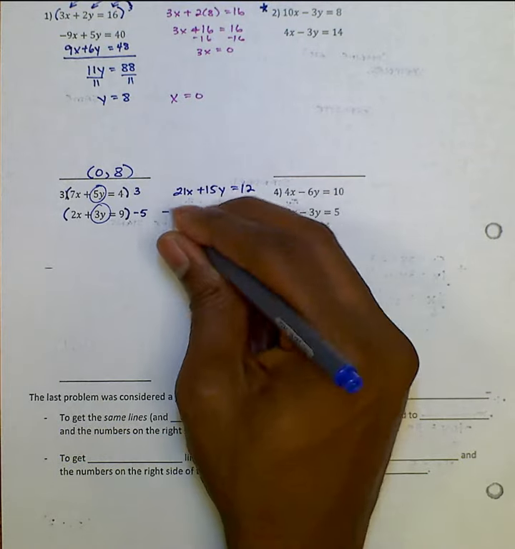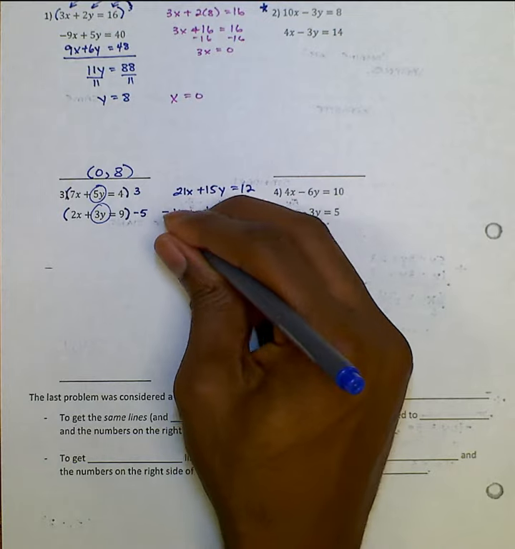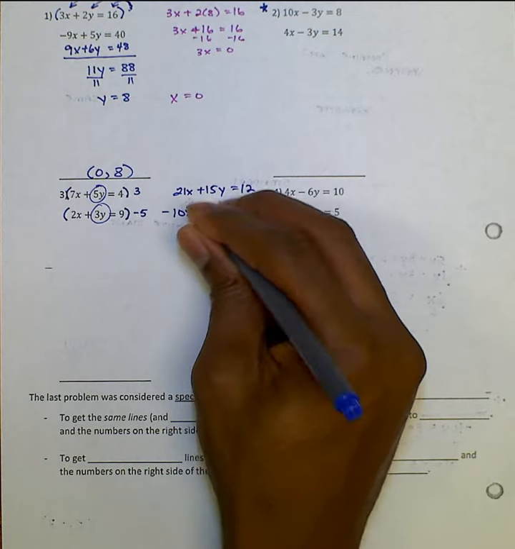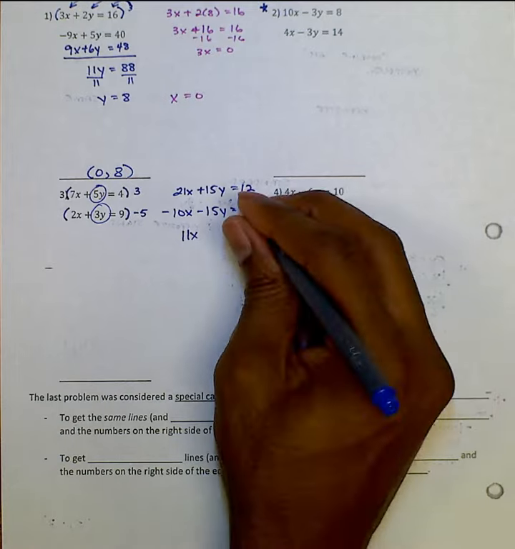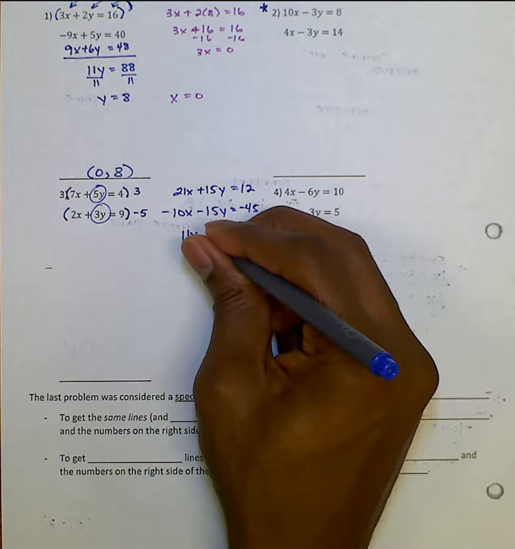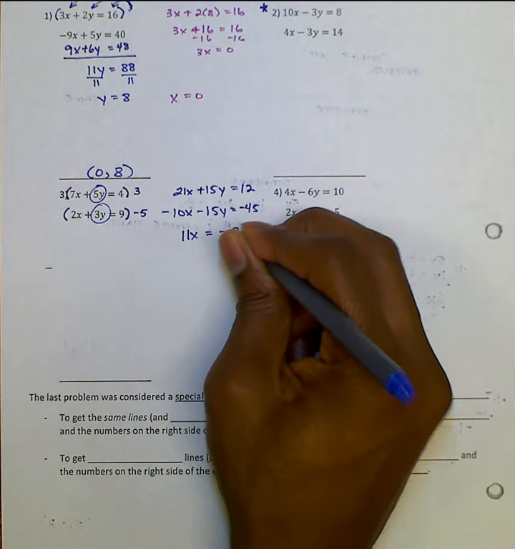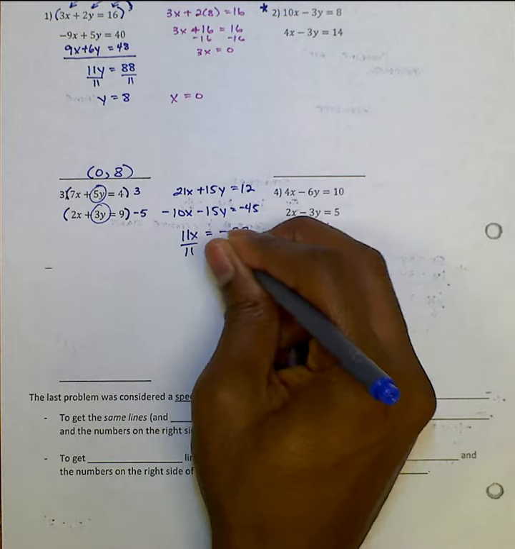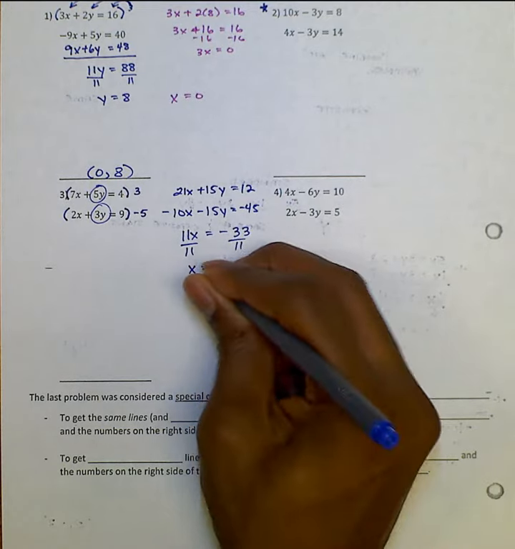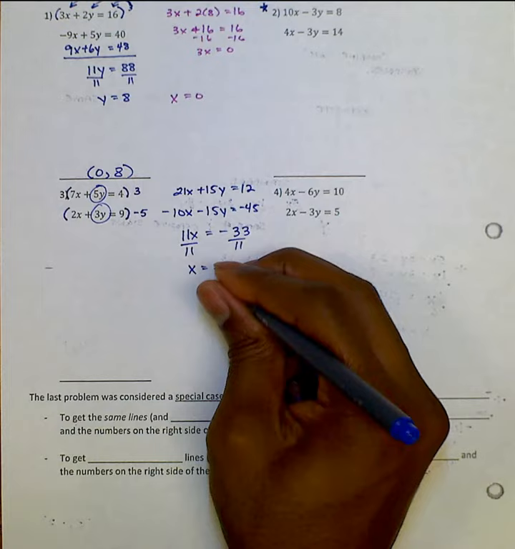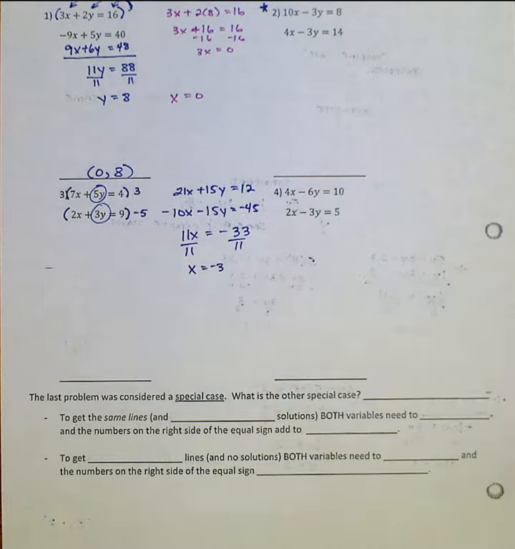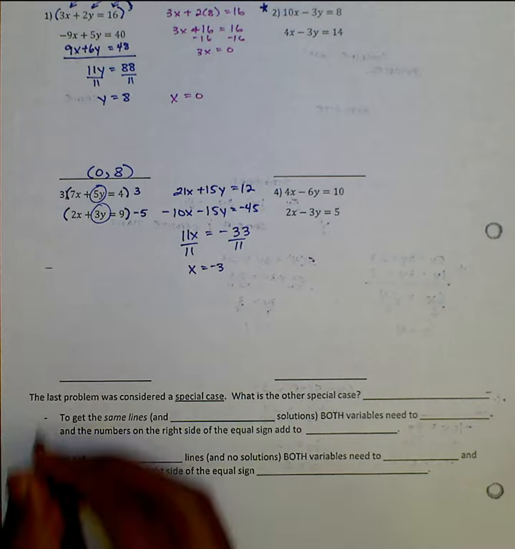21 minus 10 gives me 11x. 15 minus 15 gives me 0. 12 minus 45 is -33. So I'll divide by 11, and I'll find that x is -3. -3, don't forget that part. So x is -3. I'm now going to plug that back into an equation, either one, top or bottom.